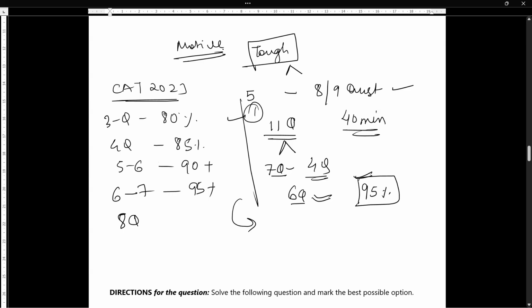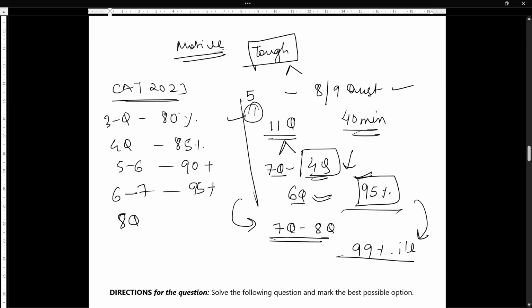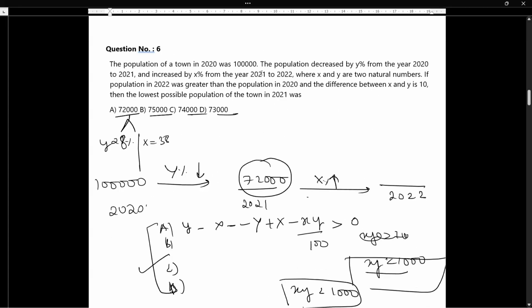But if I invest time in the questions so that these 4 questions reduce, I attempt only 7 to 8 questions which are completely right, I will fall in the category of 99 percentile. You see the difference here? So this was the main motive of this video, to get you through the toughest paper.